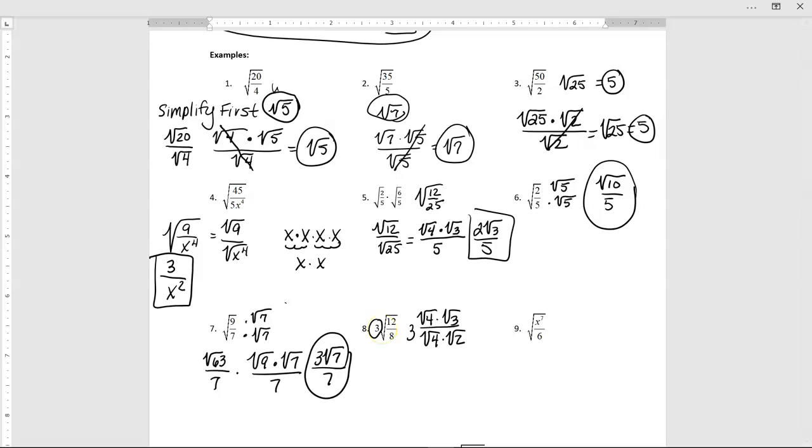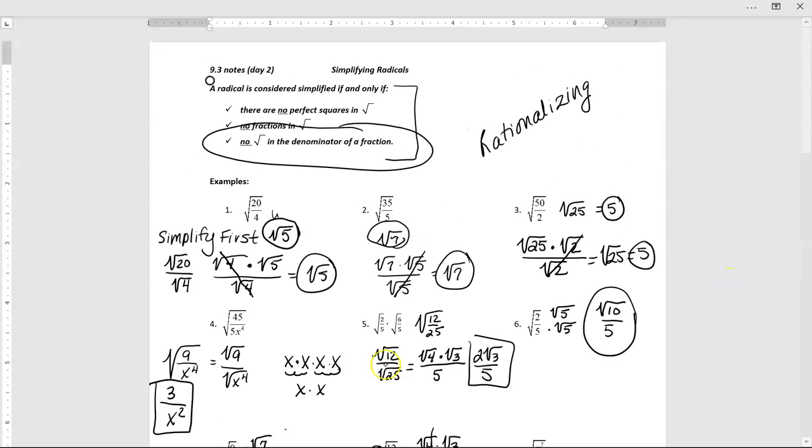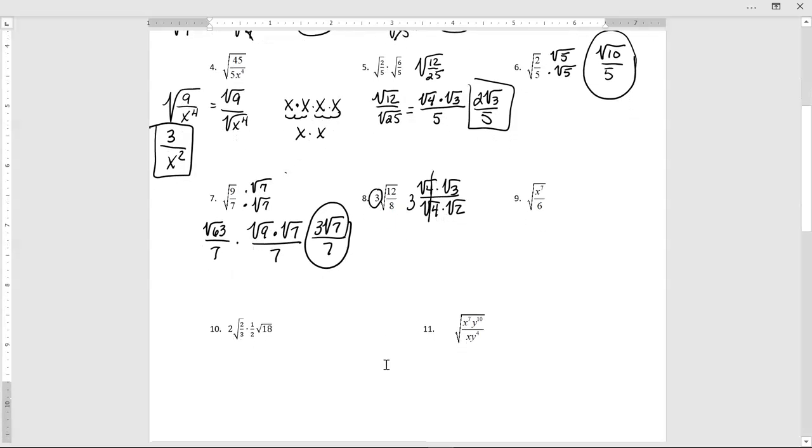What I did is I broke down the 12 and the 8 into perfect square factors, and I'm going to cancel this. I have 3 times the square root of 3 over the square root of 2. I'm going to rationalize by multiplying times the square root of 2. So now I have 3 root 6 over 2. That's my final answer because there are no more perfect square factors of 6.